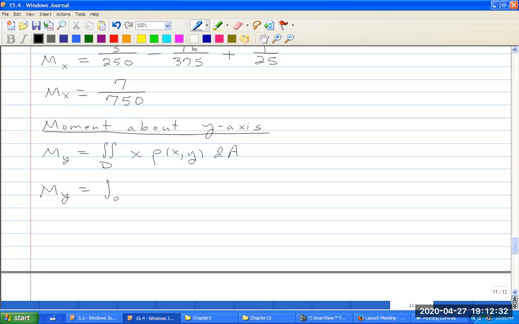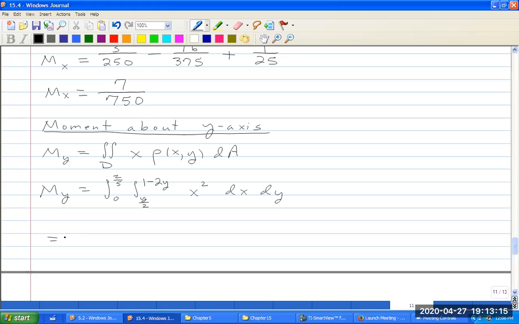So it's the integral from 0 to 2/5, the integral from y over 2 to 1 minus 2y of, well, in this case, it's going to be x times x. So this will actually just be an x squared dx dy.